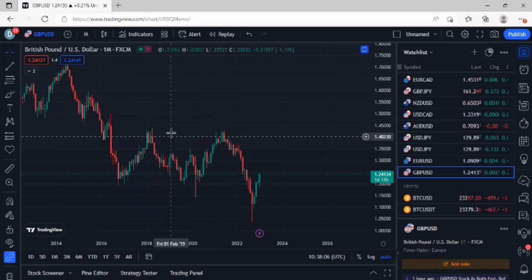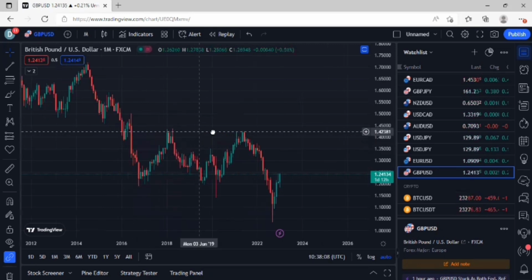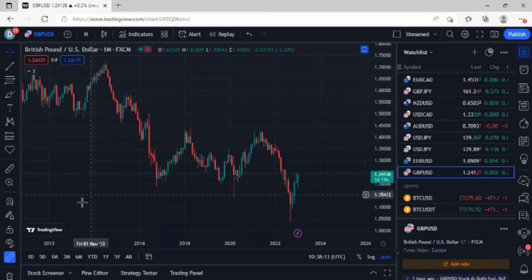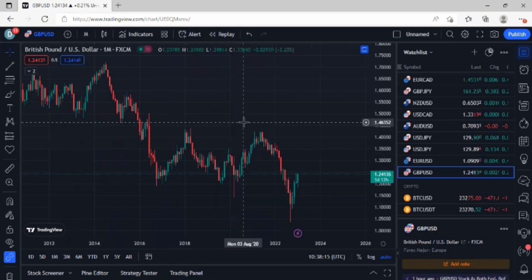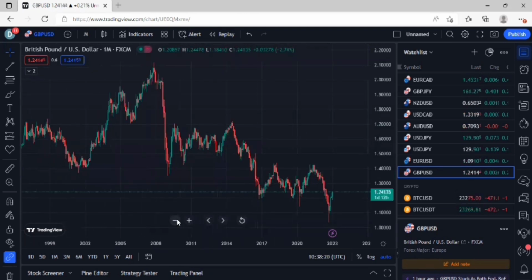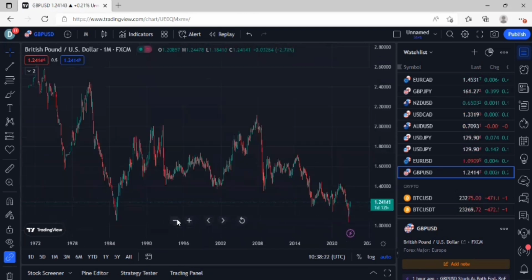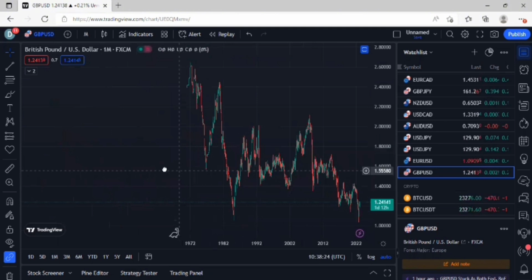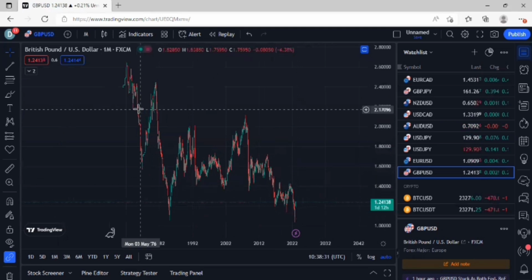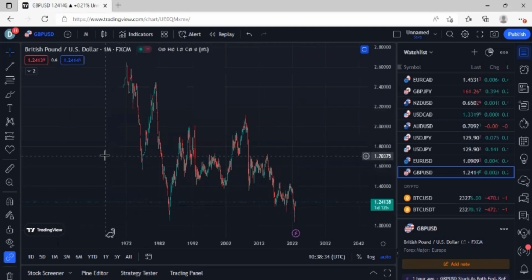Let's continue. How do you draw your trend line to reaffirm the direction of the market, whether the market is going up or is going down, for you to be able to know whether you are to sell or you are to buy? So now, if you look at my screen now, you will see the price movement of GBP USD, and how do you draw your trend line properly?